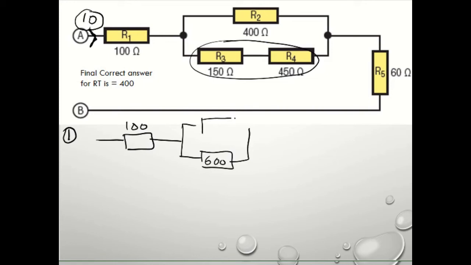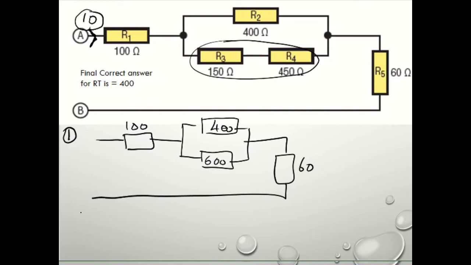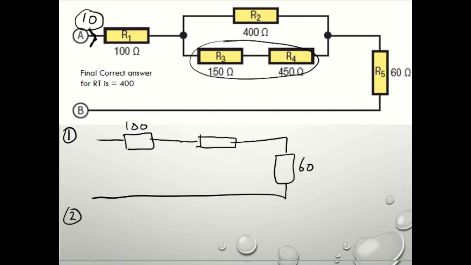This one's 400 ohms. This one is 60 ohms. Number 2, I'm going to suggest that we can put a resistor in here, and we're going to simplify this circuit now, and that is approximately 300 ohms. I haven't actually worked that out in the calculator, but anyway.